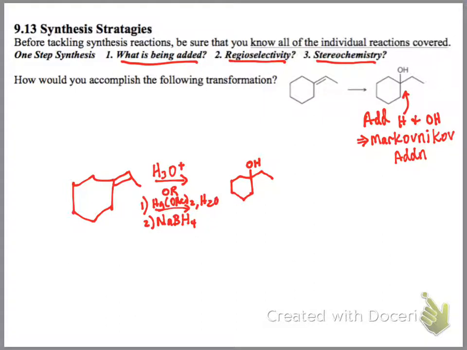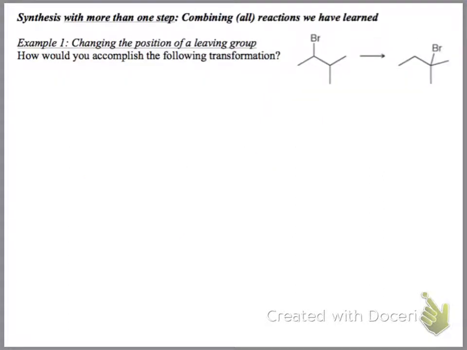So that's one step. We've actually done some of that already, like how do you do this reaction? What do you add? That was a one-step synthesis choice. The next couple things are definitely more complicated. Now we're going to do a two-step reaction.